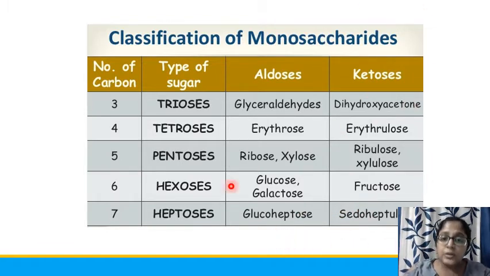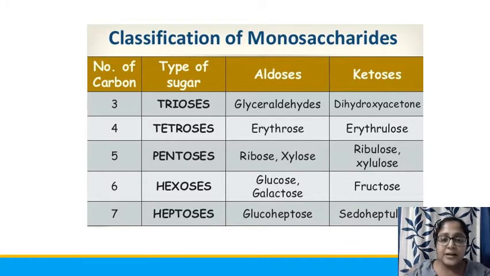Just go through the names of the rest. If I ask you to name one pentose sugar, you can cite the example as ribose or xylose or xylulose, etc. Or maybe a heptose sugar, so you can write glucoheptose, pseudoheptulose, like this.